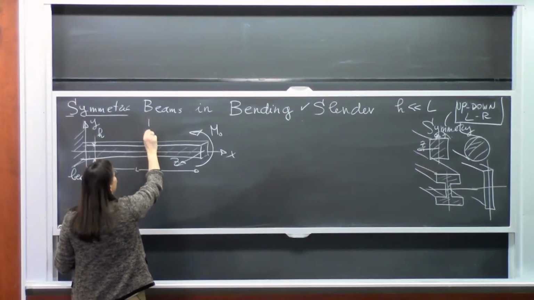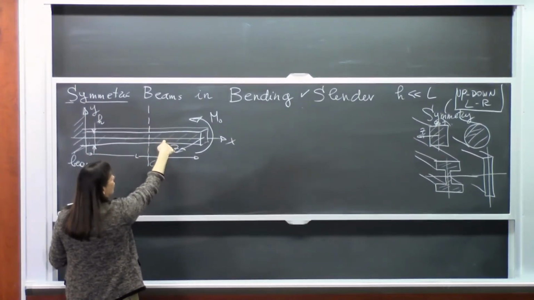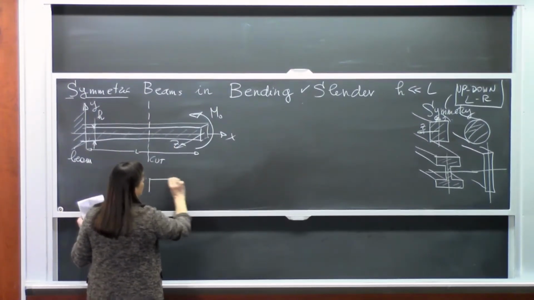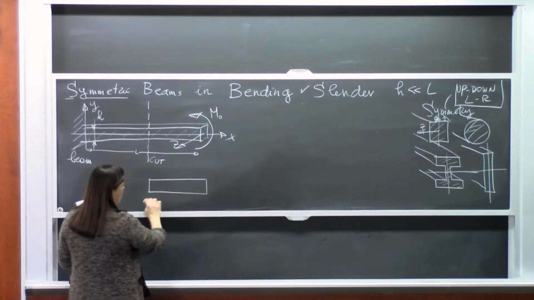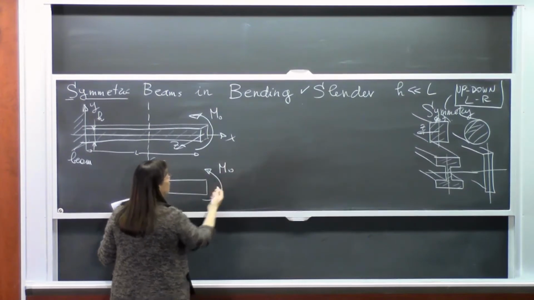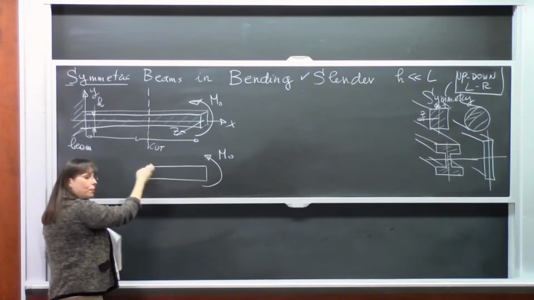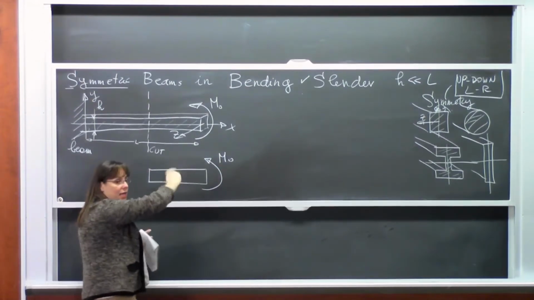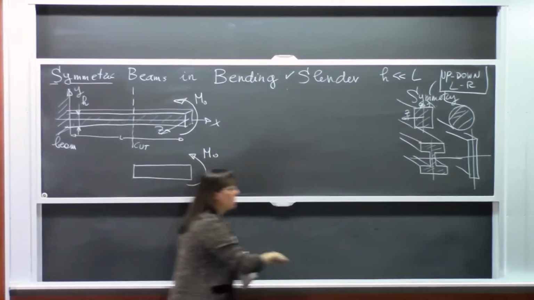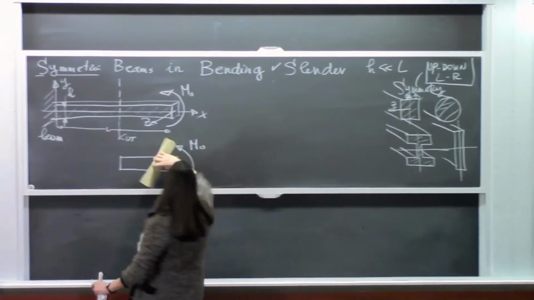So if I cut the beam here, and I isolate this part of the beam, and I'm applying an M0 here with the axis coming at you, in order for this part of the beam not to start spinning along Z... If I apply a moment like this, it can just start spinning in the plane.